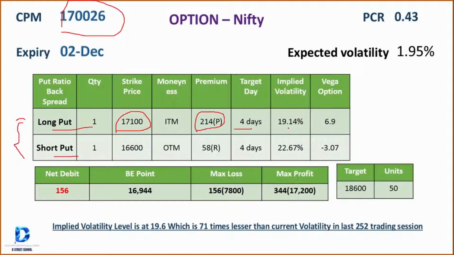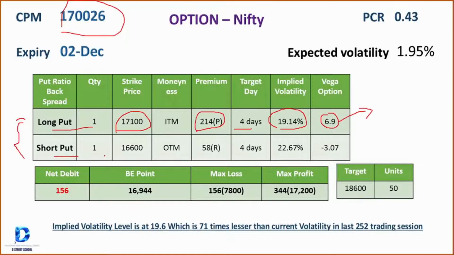The implied volatility would be 19.4% and Vega is 6.9, which means for every 1% increase in implied volatility, the option premium will increase by 6 rupees 95 paise. So that is what Vega implies.